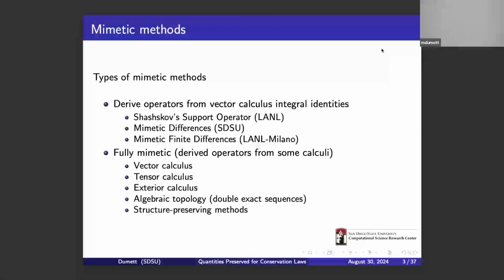Essentially we have two types of mimetic methods. One of them is the one that actually derives all the properties of the method. So what is a mimetic method?